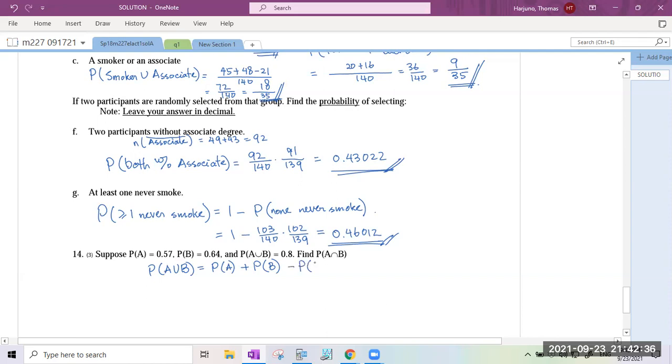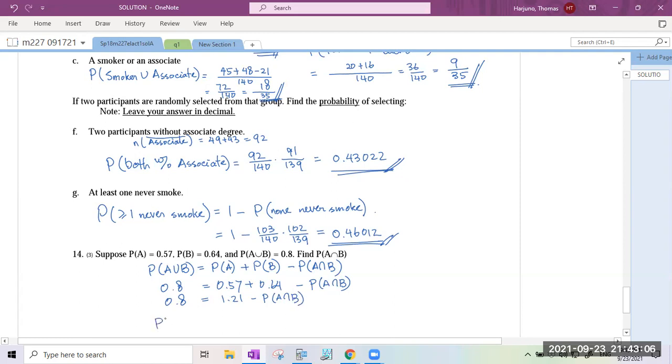And then I plug in numbers. This is 0.8 equals 0.57 plus 0.64 minus the one we are looking for. Then compute. Remember, when you solve an equation, this is 1.21. Your equal sign should be straight, okay?